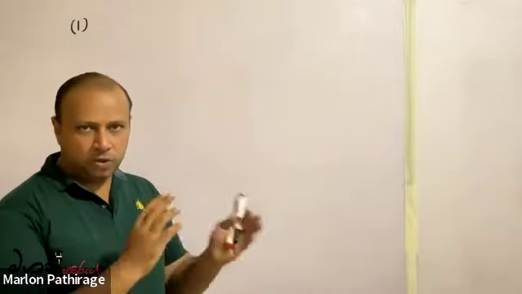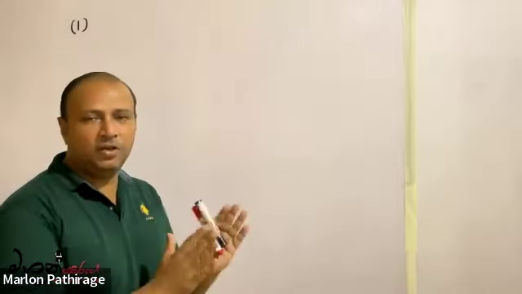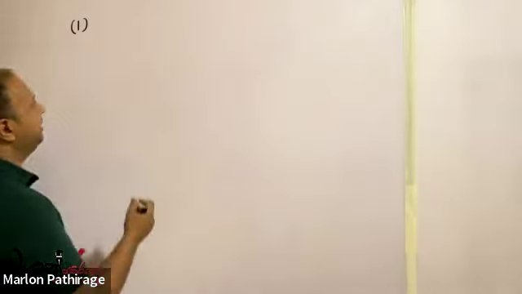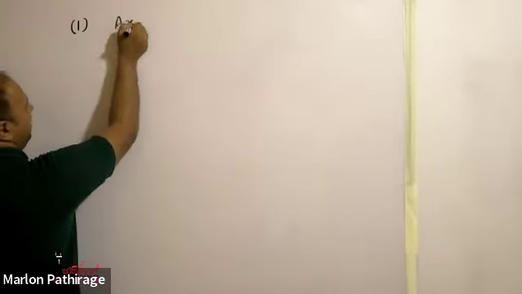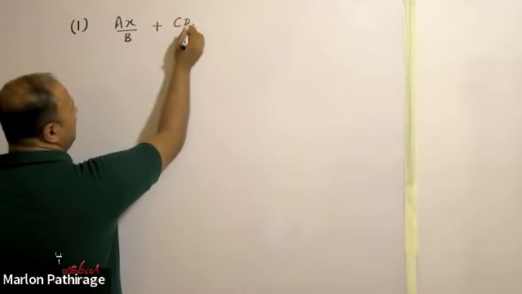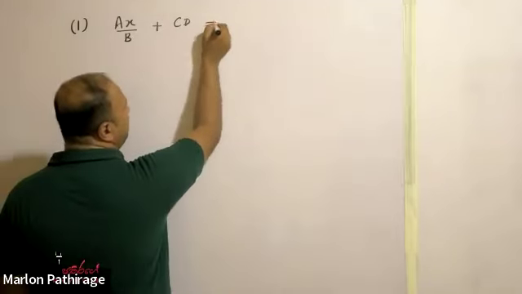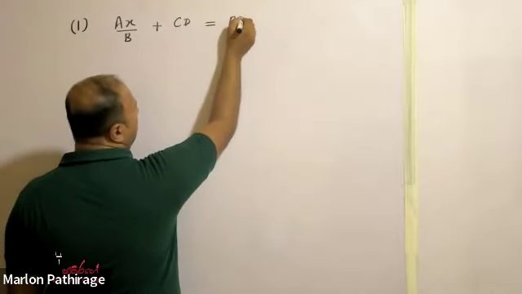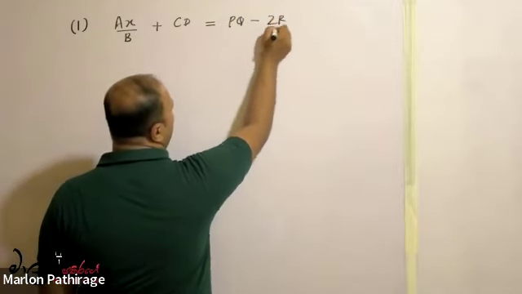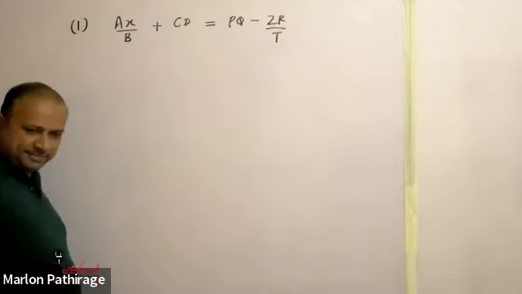As we discussed earlier, two terms are separated using a plus or minus mark. It is something like this: ax over b plus cd is equal to PQ minus ZR over T.